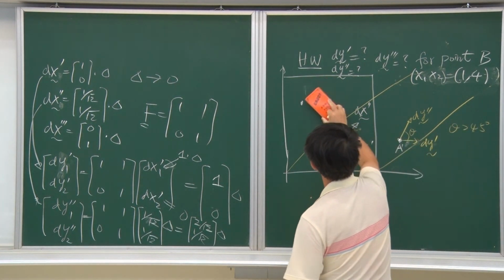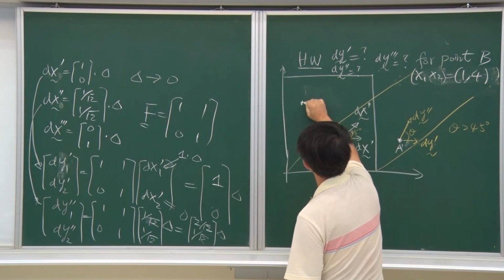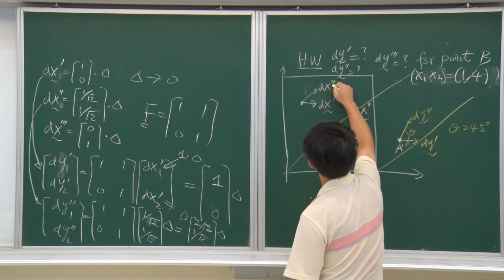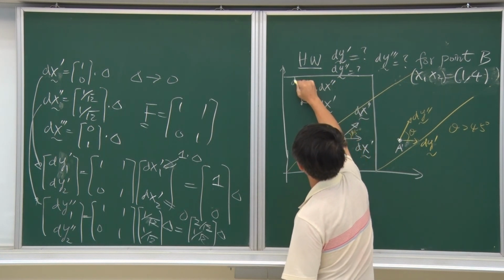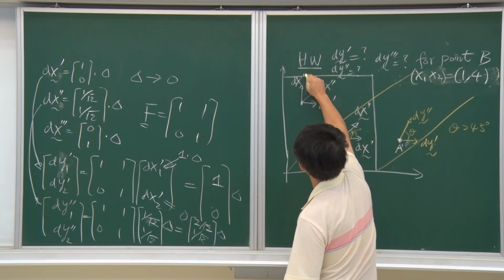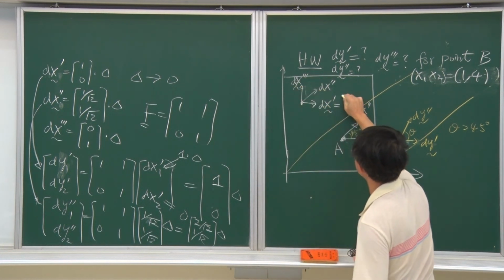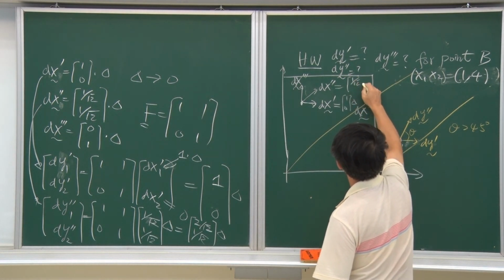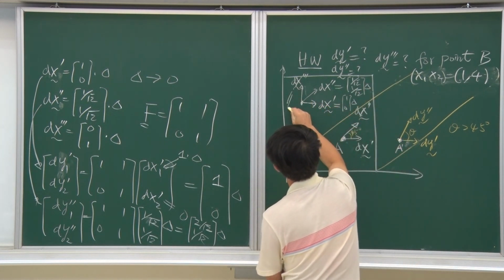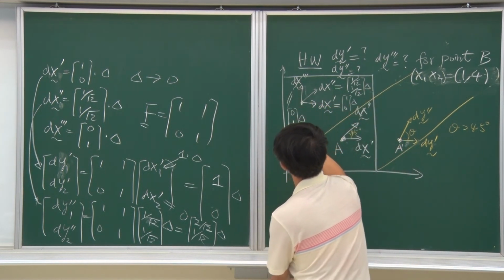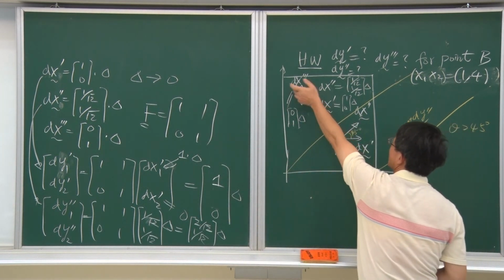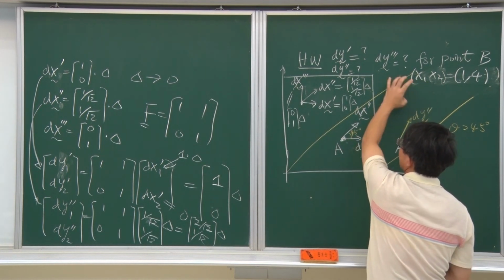Here 1, 4, and we have three material lines. Calculate these deformed material lines by yourself. These three material lines will be deformed into different material lines.